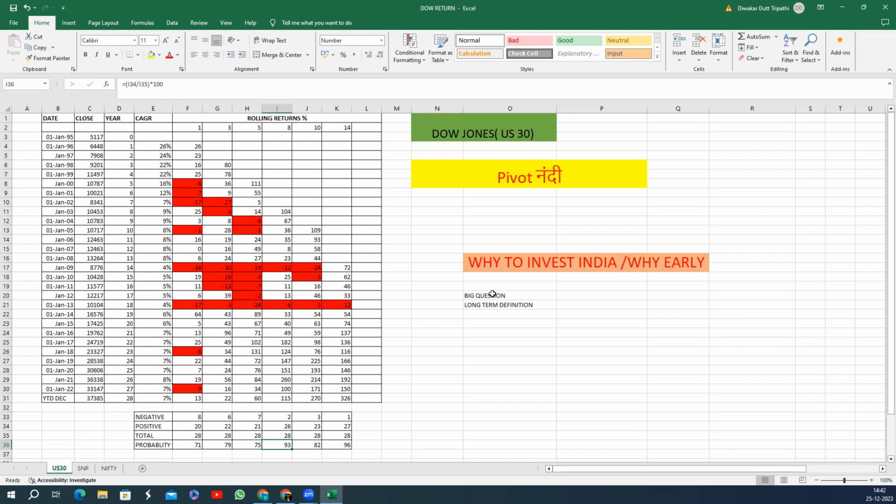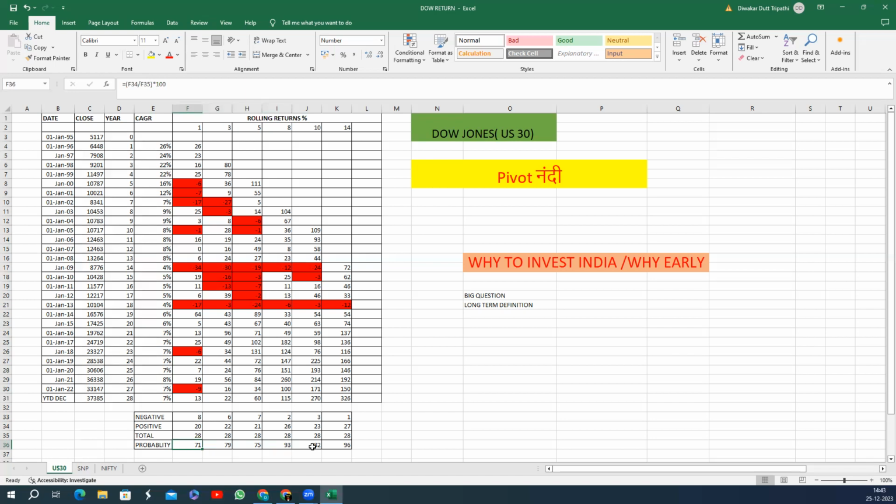The question which arose at the inception of our topic: why invest in India, why early, and how long an investment horizon should be in your mind when you are going to invest. You can see that in a 10-year and 14-year period, the probability of getting positive returns also increases. From 8 to 14 years, this also increases.